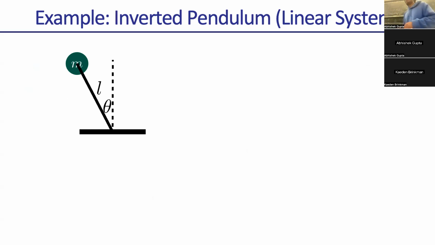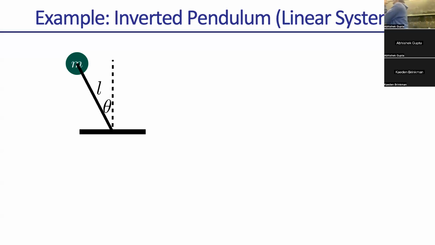Okay, so let's try and instantiate this in a system that's often used, which is the inverted pendulum system. The inverted pendulum is basically you have a pendulum on a rod. You have a little mass on a rod. We're going to assume that the rod is massless, but there's mass at the end. And you can apply torque, there's a joint, a motor at the base, and you can apply torque to the base, and you're trying to balance the pendulum.